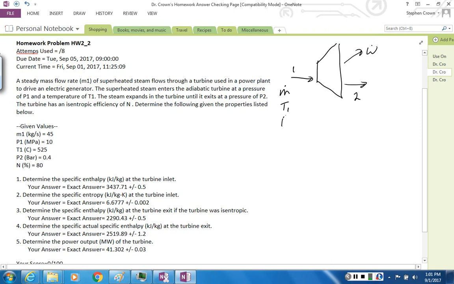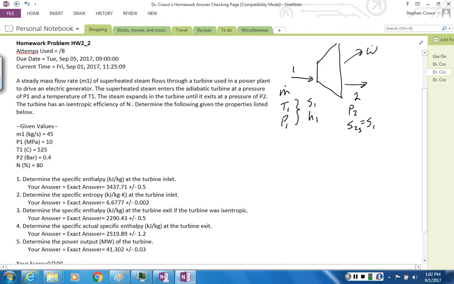T1 and P1 are given. And we're going to use those values in the superheat tables to find S1 and H1. And then ultimately at the exit, what we know is m dot, of course, it's the same as the inlet. P2 is given. And we're going to find S2 from S1 because we're going to start, I'll put S2S.